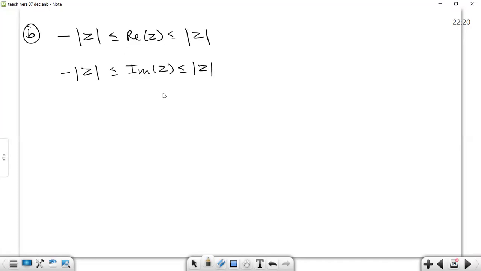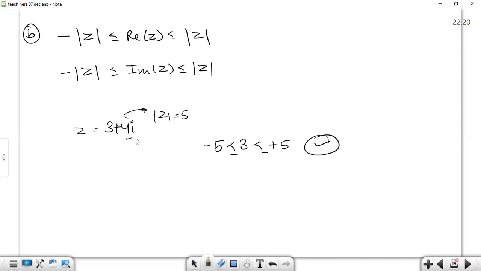It's like saying 3 plus 4 iota. So 3, the real part of the complex number, lies in between, what is its modulus, 5, we earlier know. So minus 5 and plus 5. Yes, it stays true. Checking for the imaginary part, minus 5 less than 4? Yes. Less than plus 5? Yes. Stays true here also.